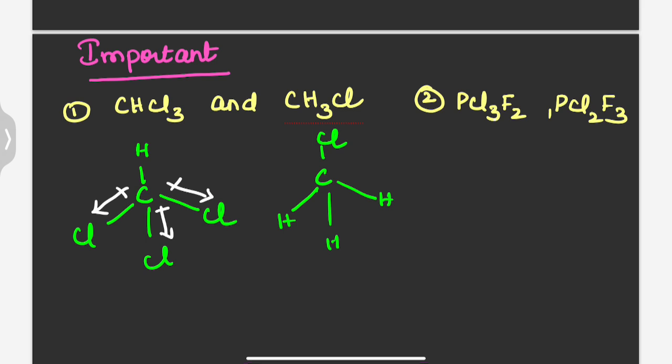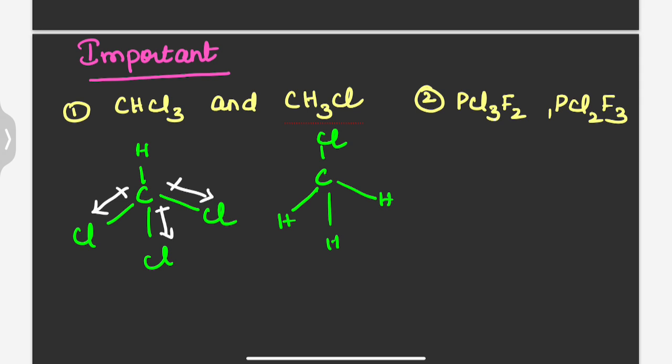So what is the difference here? You can see chlorine is more electronegative in nature. Therefore, it is pulling the electrons close to itself. As a result, this carbon becomes electropositive in nature and hydrogen becomes electronegative because of the presence of 3 chlorine atoms.